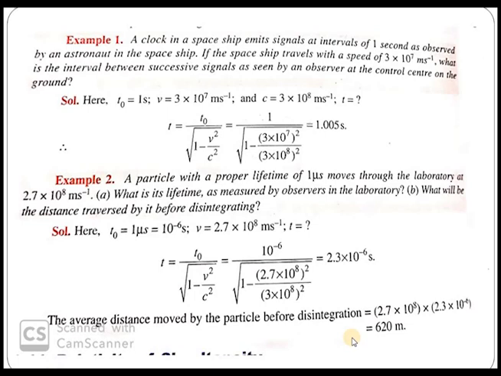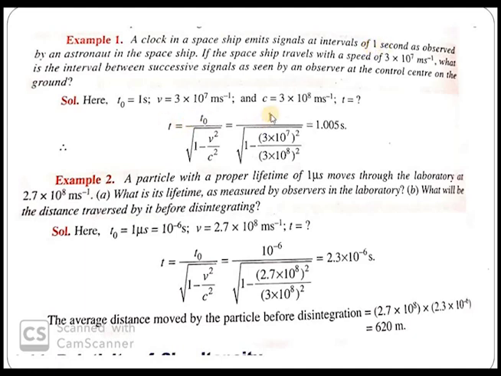So another problem from the time dilation part. A clock in a spaceship emits signals at intervals of 1 second as observed by an astronaut in the spaceship. If the spaceship is traveling with a velocity 3 into 10 raised to 7 meter per second, what is the interval between the successive signals as seen by the observer on the ground? Okay, I have told you the example. The time interval between the two events or two shots is 1 second.